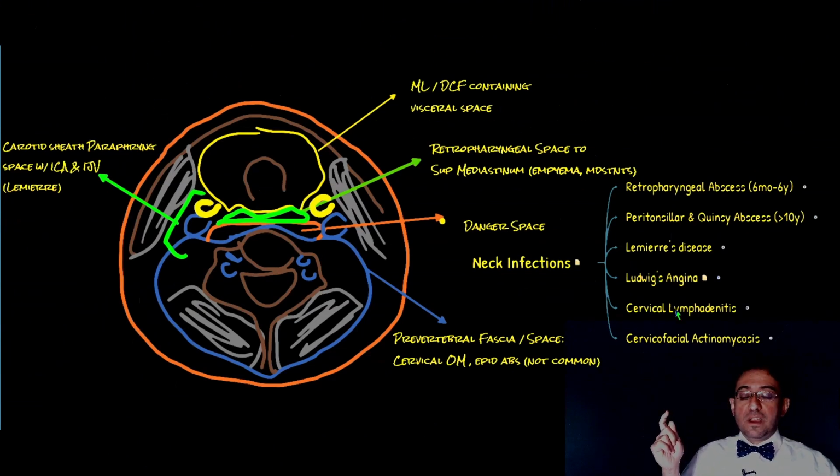Categorize lymphadenitis based on acute versus chronic, as well as unilateral or viral, which is bilateral, and identify cervicofacial actinomycosis by draining sinus tracts. At the end, don't forget complications such as mediastinitis, carotid rupture, septic emboli, perivertebral abscess, and jugular vein thrombosis. And this finishes our discussion of neck infections.